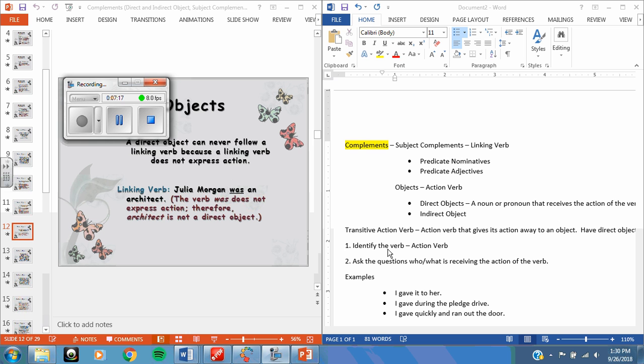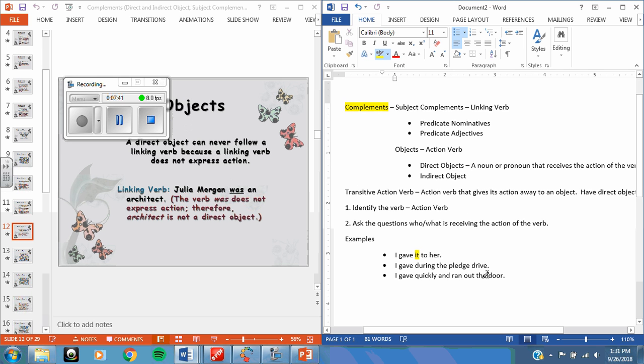Which one of them contains a direct object? If you said sentence number 1, you are correct. It has an action verb, gave. Who or what is being given? It is what's being given, so it is my direct object.